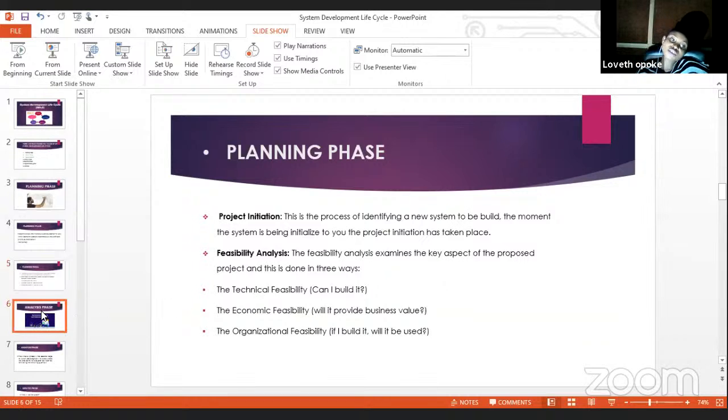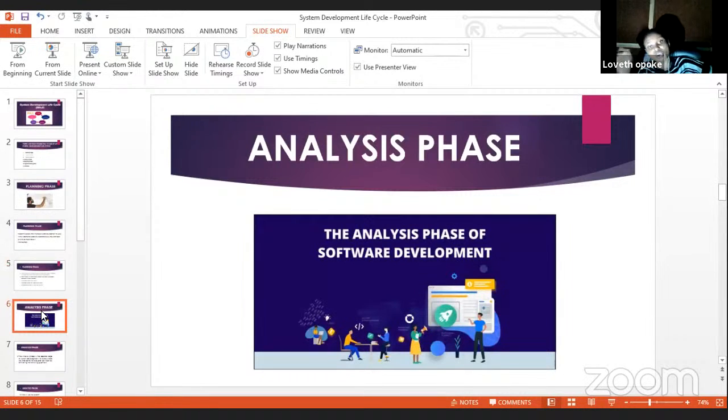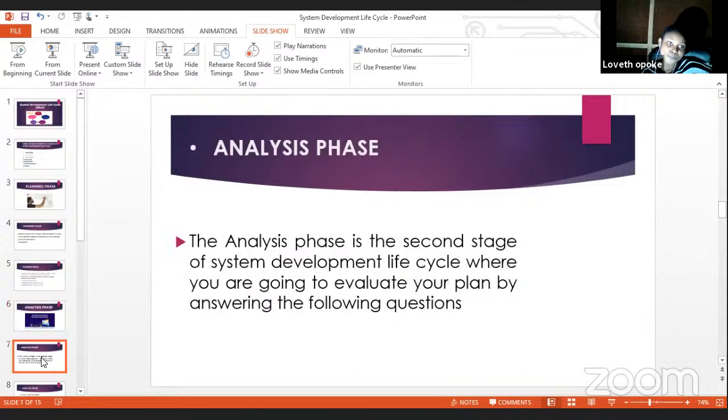That takes us to the next phase of the system development life cycle, which is the analysis phase. You can see these people analyzing how to go about the project being initialized to them. The analysis phase is the second phase, where you evaluate your plan.